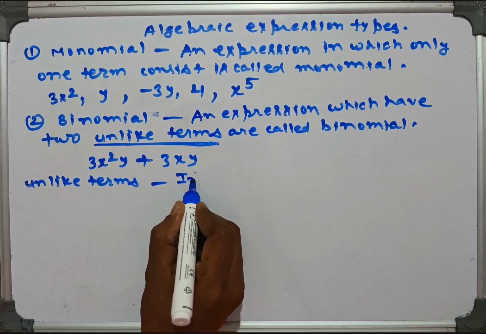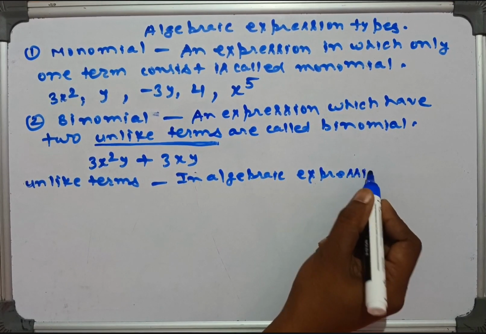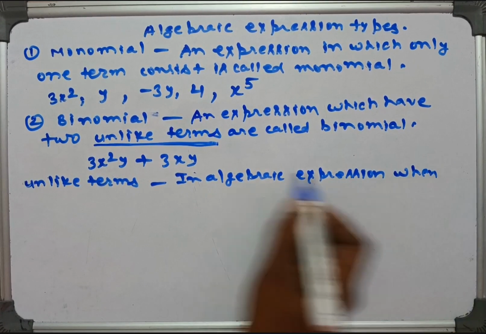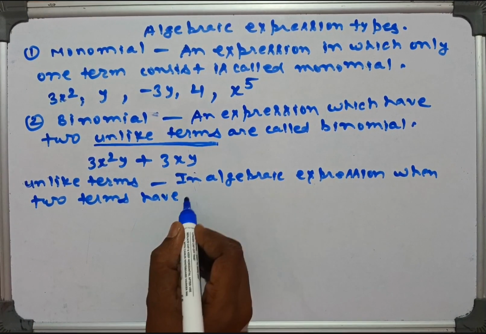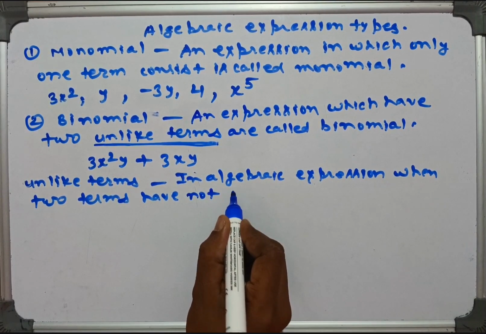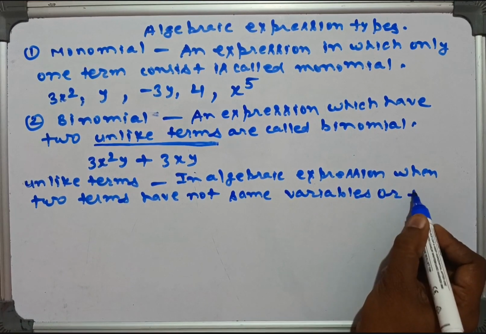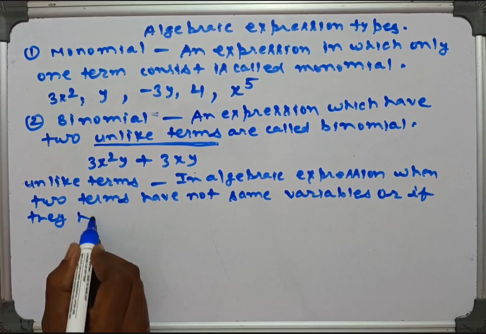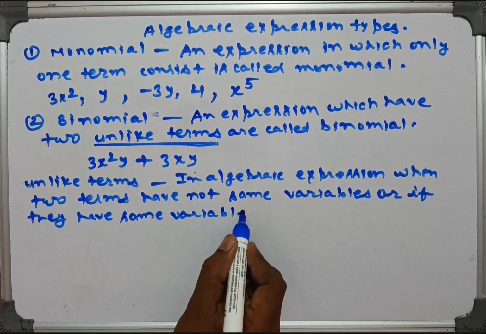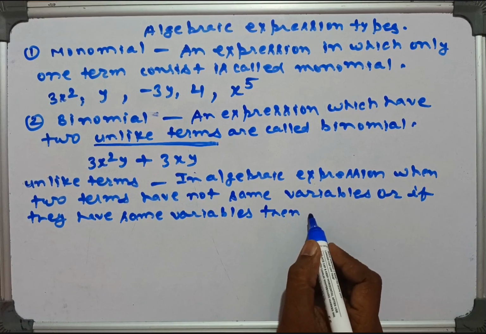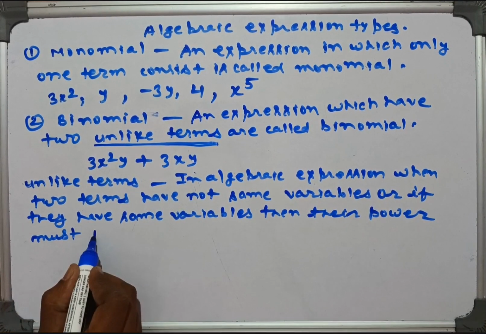In algebraic expression, when two terms do not have the same variables, or if they have the same variable, then their power must differ.